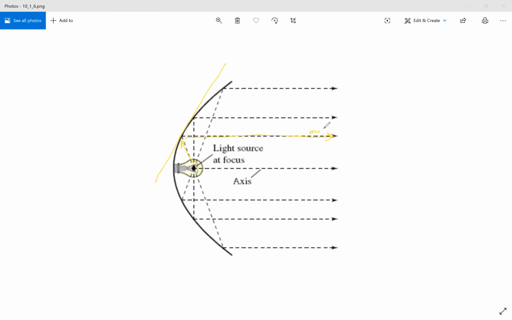This would be the outgoing ray. That was the incoming ray. This is what we call the angle of incidence. And this is what we call the angle of reflection. So these are the physical concepts.